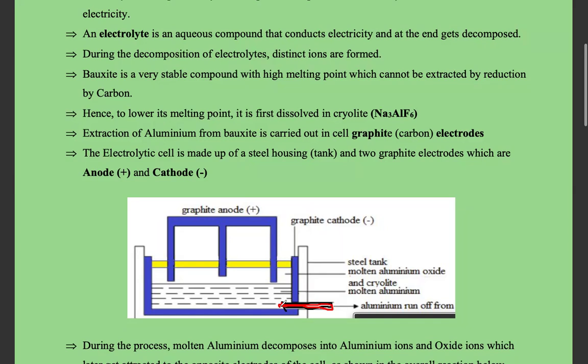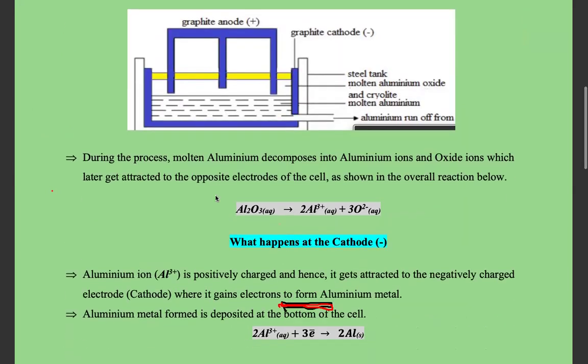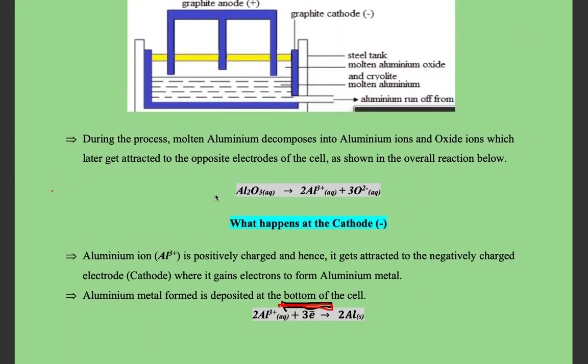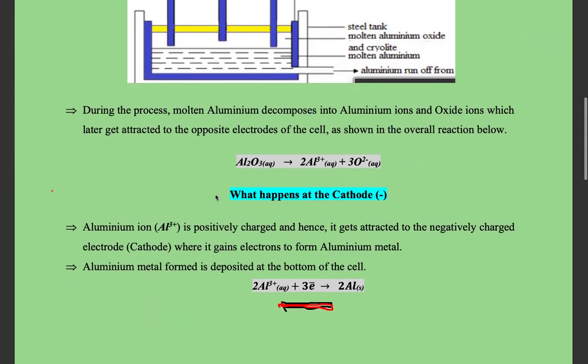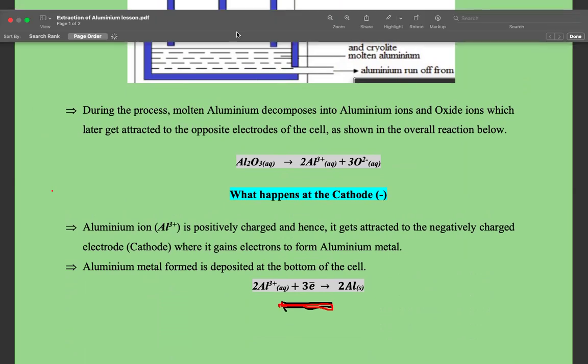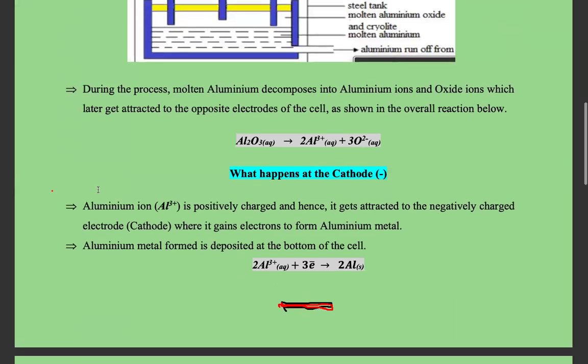Even though we said it is a solid, it is in a molten state. It's not completely a solid thing that we obtain. It's a metal, but not as strong as it was.